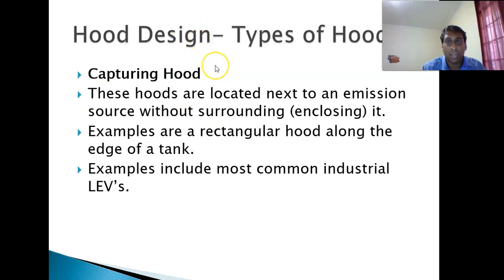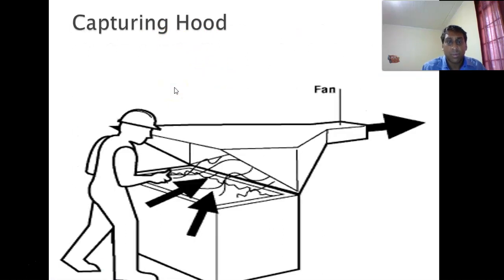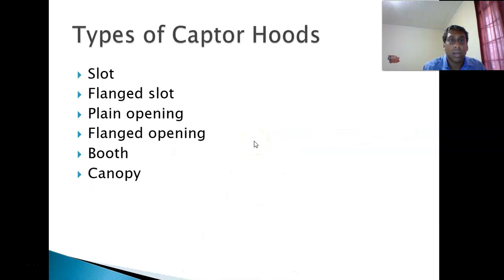So as you see, typical for most LEVs in the workplace, the process is taking place here, and then the canopy would be just above it. Types of captor hoods: slot, flanged slot, plain opening, flanged opening, booth, or canopy.